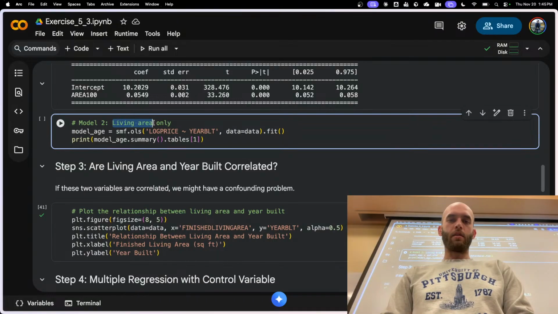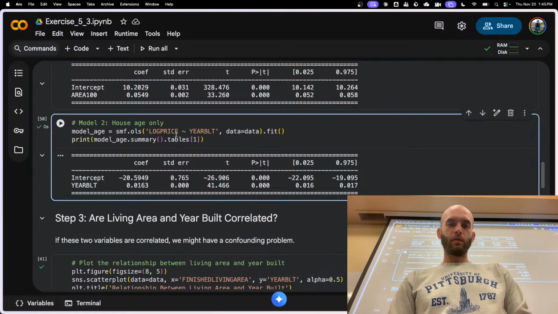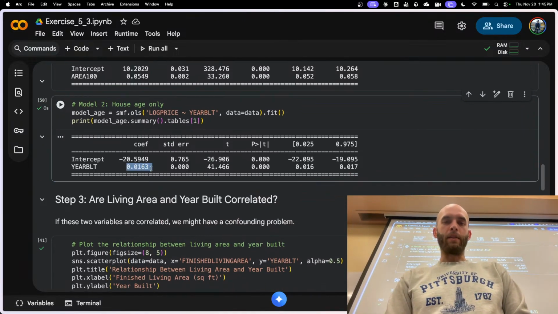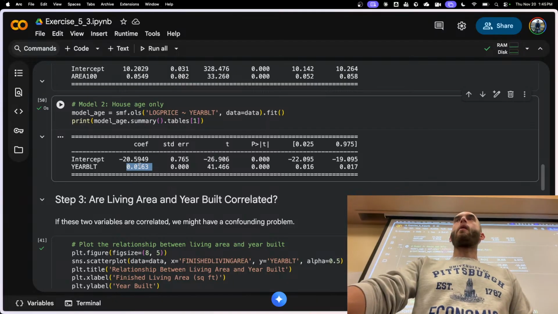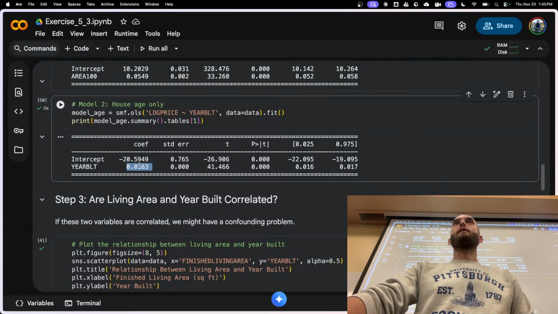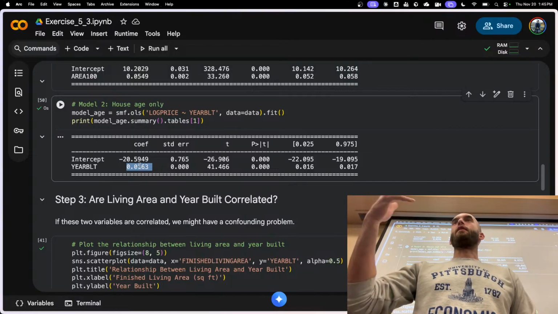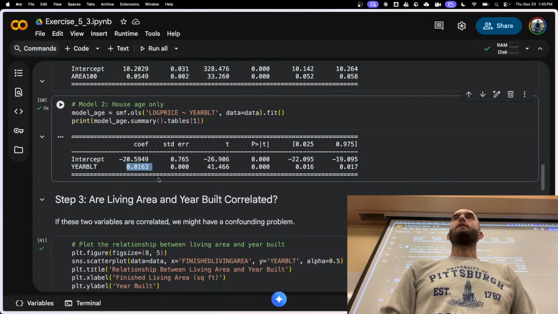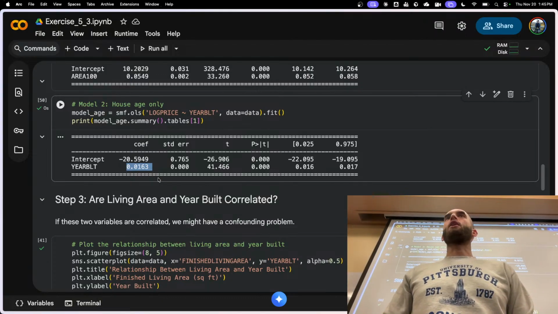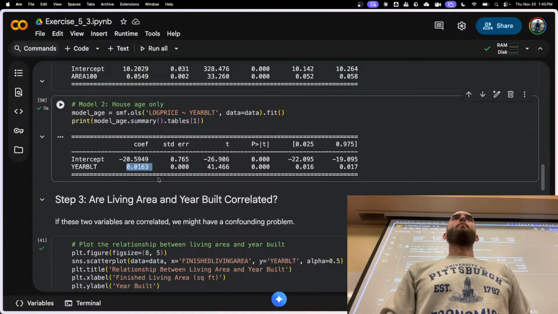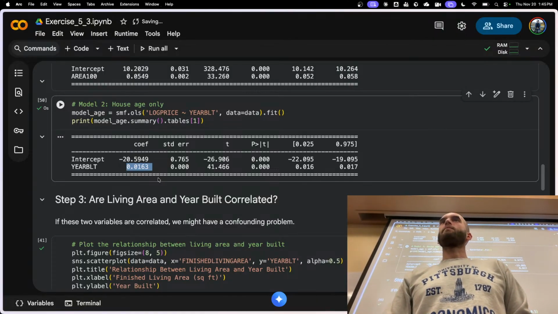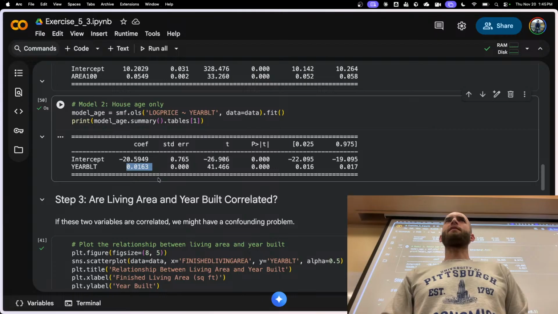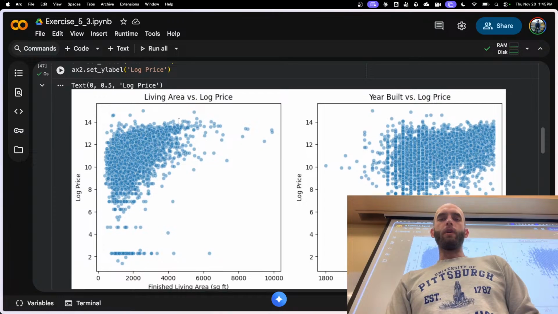So this is house age only. Here we have an estimate that every year newer the house is, the value of the house increases by roughly 1.6%. So every year younger the house is, it's more valuable by 1.6%. That's surprisingly large to me. But these are the two models here.